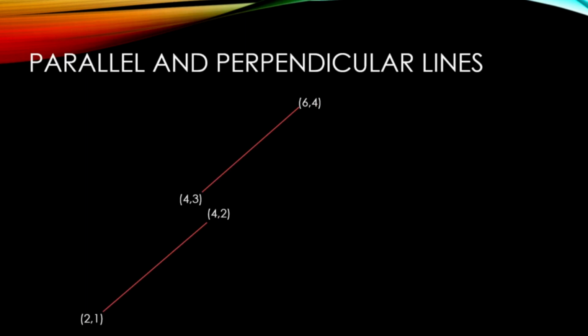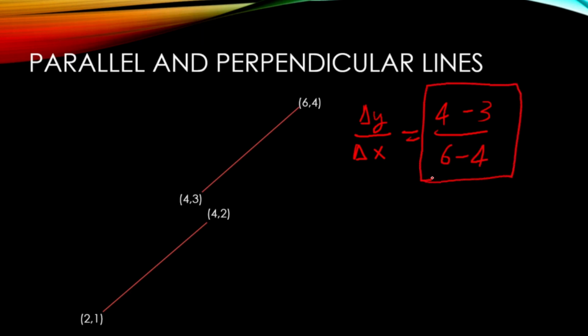So now let's discuss parallel and perpendicular lines. Firstly, we are discussing parallel. As you can see, I've taken two lines over here and some coordinates. Now let's find their gradients using those coordinates. The gradient was change in y over change in x. So the y coordinate 4 minus 3 over change in x 6 minus 4.